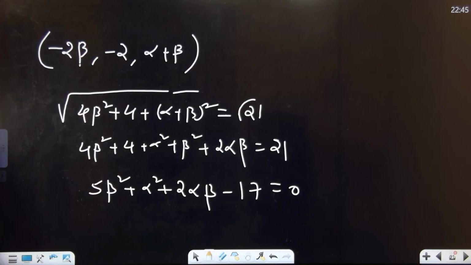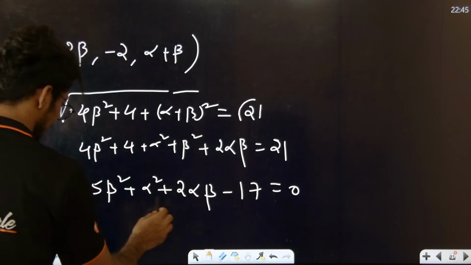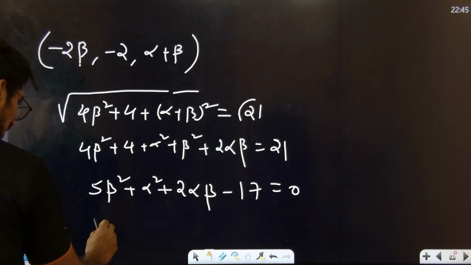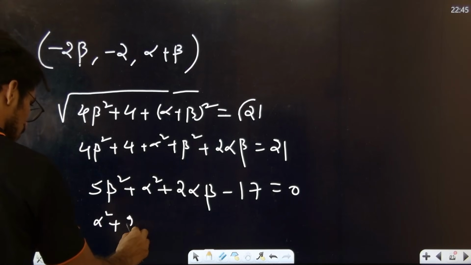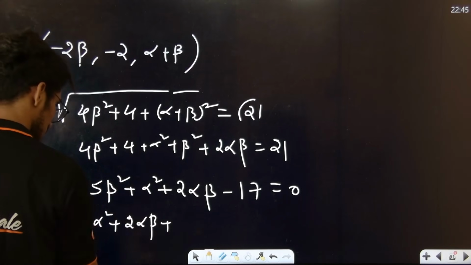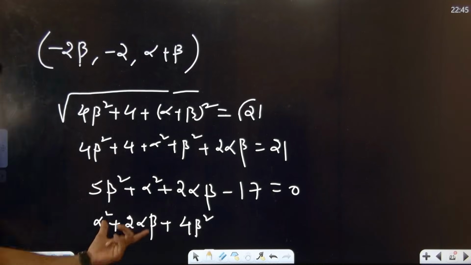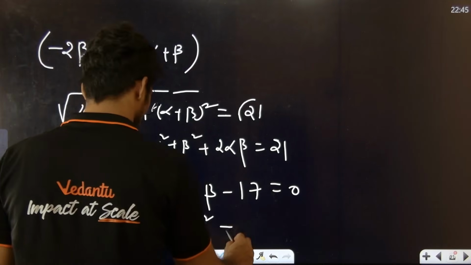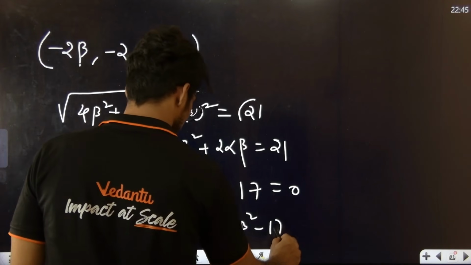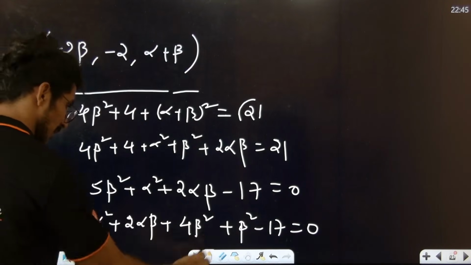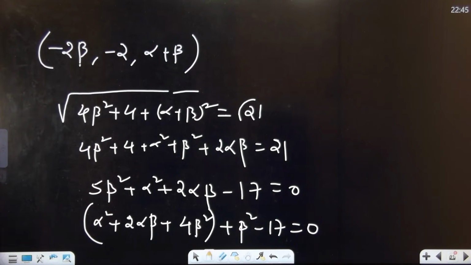So if I just look at this properly, alpha square plus 2 alpha beta plus 4 beta square, and 1 more beta square, beta square minus 17 is equal to 0. These 3 terms combined, what am I going to get?